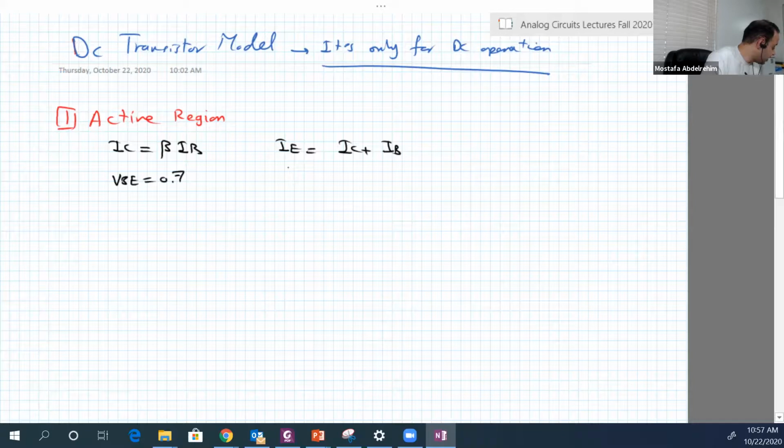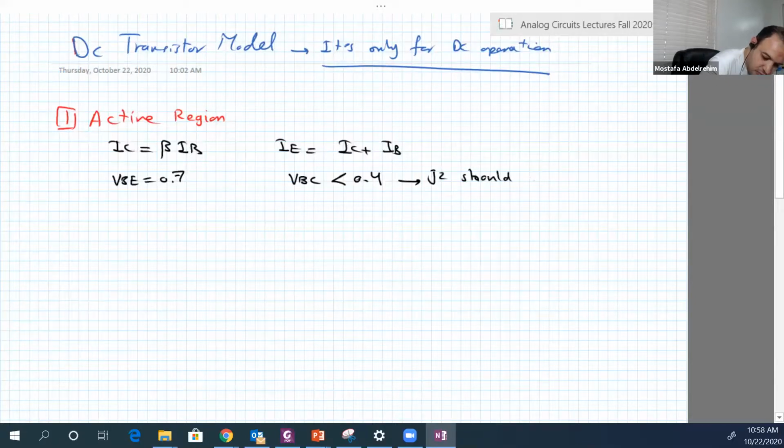And what else do we have? VBC should be less than 0.4. So this means J2 should be off.